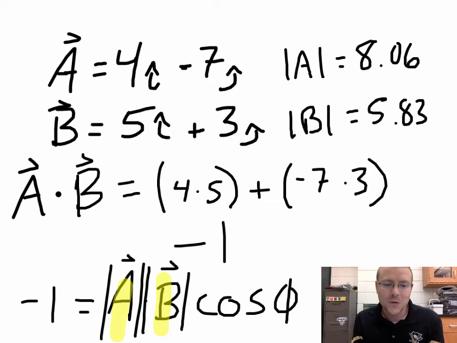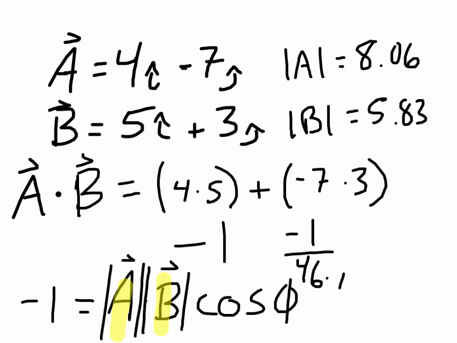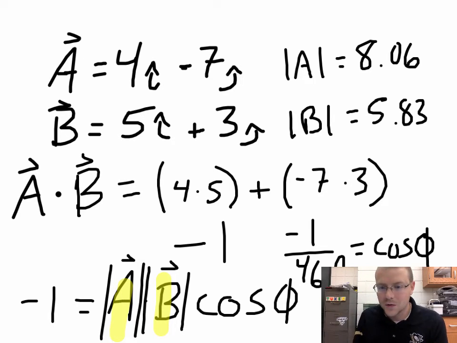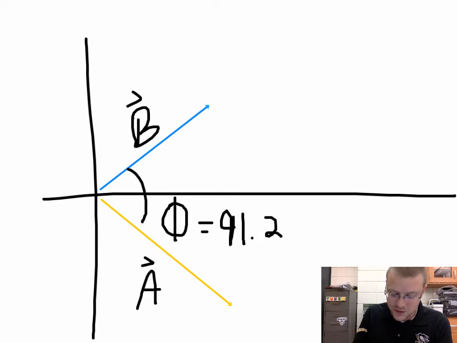If I want to get the angle phi by itself, I've got to get rid of this A times B. So I'm going to divide it to the other side and do negative 1 over 46.9 equals cosine of phi. If I want to solve for phi, I just do the inverse cosine of that setup. And what it gives you is that this angle phi is about 91.2 degrees.